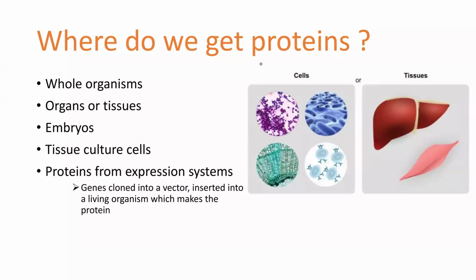When you say expression system, although I think we did not dwell a lot on the central dogma of molecular biology, we have DNA, and in DNA we have genes, and each gene is responsible for producing a particular protein. So if you want a particular protein, you can check the DNA of that particular organism and get the gene. Then you can apply the knowledge of genetic engineering and biotechnology to use that gene and get the protein.